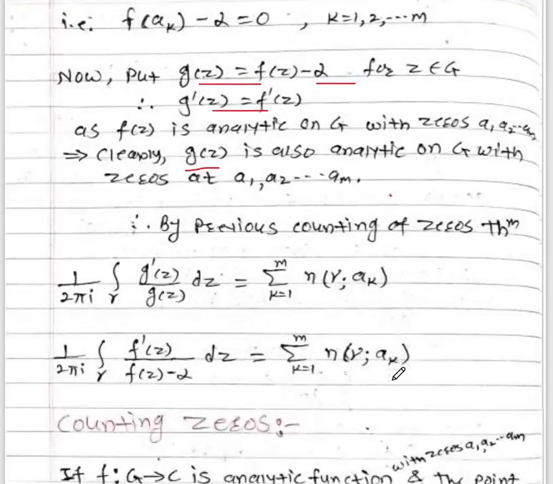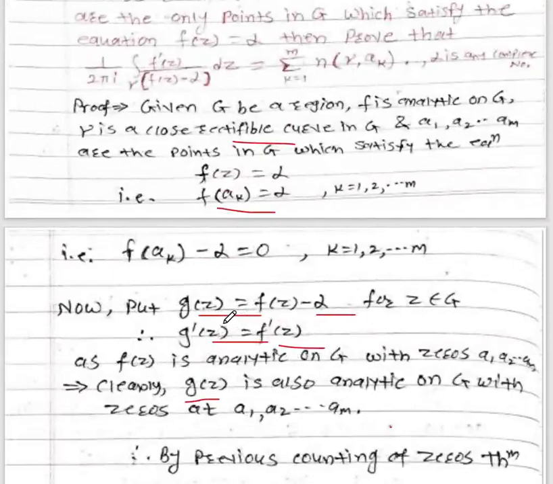Which is equal to 1 upon 2 pi i integral over curve gamma f dash of z. So put the value of g dash of z, that is f dash of z. And what is the value of g of z? G of z we already considered: g of z means f of z minus alpha.